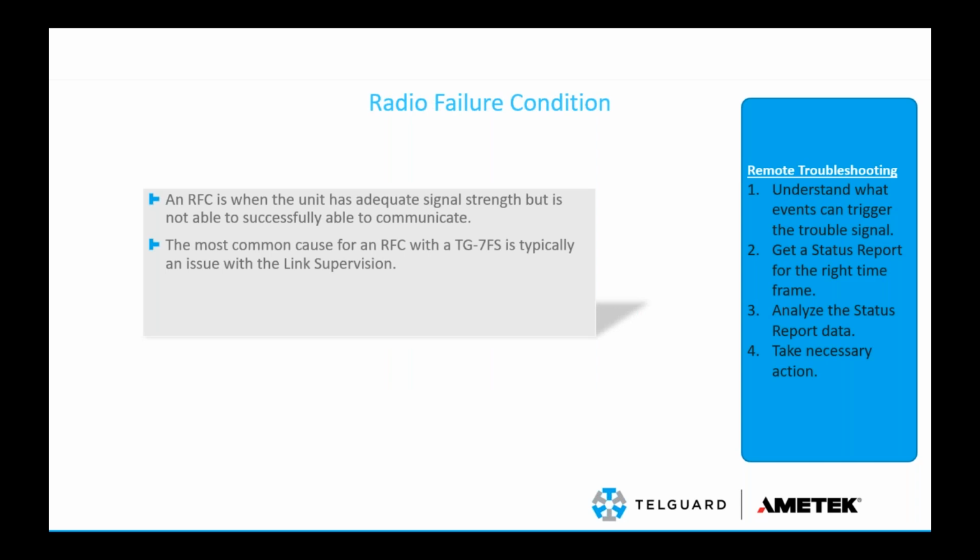Now, radio failure condition. This is when a unit has adequate signal strength, but is not able to successfully communicate. The most common cause with a TG-7FS for an RFC is typically an issue with Linc Supervision. So if Linc Supervision is set for SolPath and the unit fails to check in after either 5 minutes, 60 minutes, or 180 seconds, at that point, it would create an RFC on the unit.